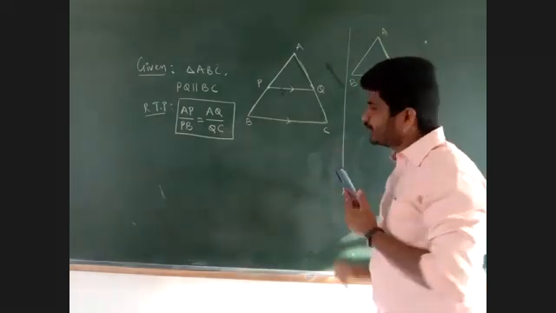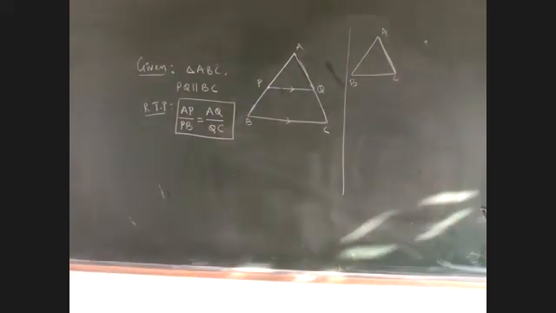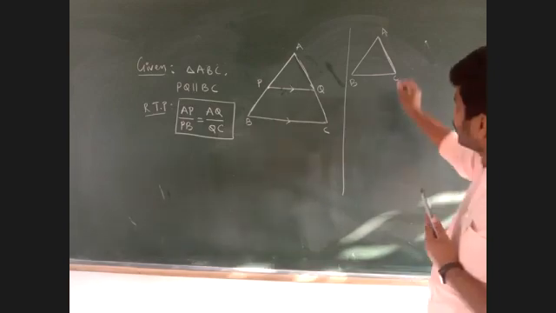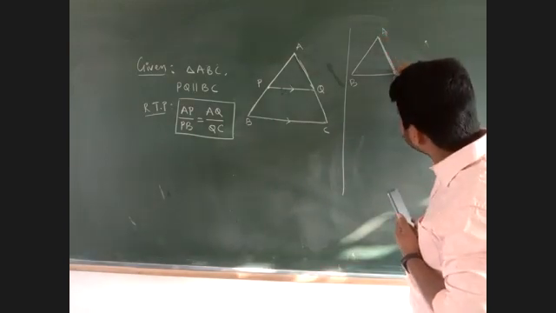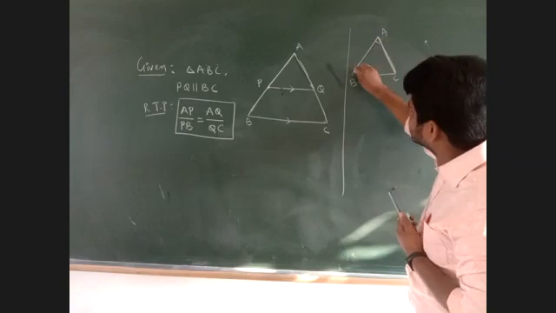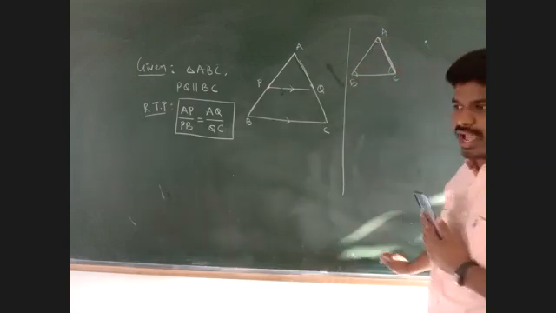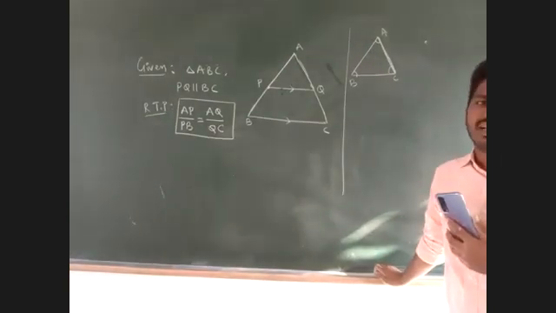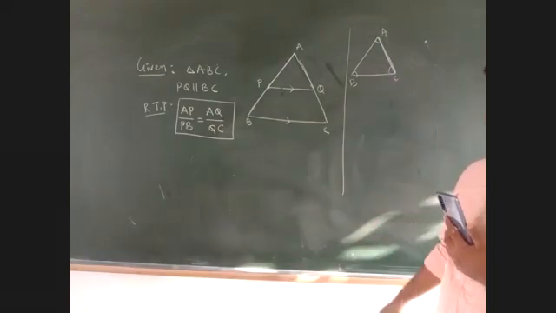What is the definition of an acute angle triangle? In an acute angle triangle, each angle is less than 90 degrees. That's why it is called an acute angle triangle.